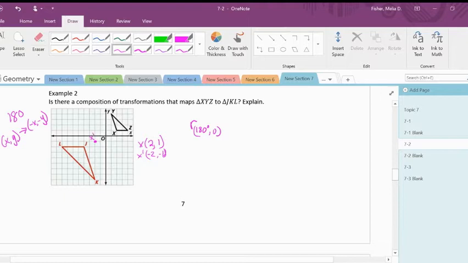And then we would take Z. Well, we'll go with Y. We'll go in order. Y is at 1, 4. So Y prime would be at negative 1, negative 4. And Z is at 4, 1, so Z prime would be at negative 4, negative 1.